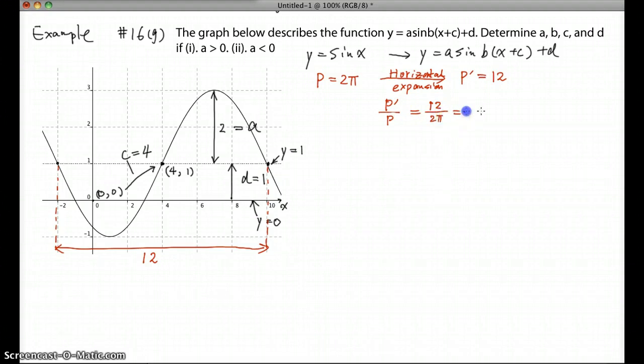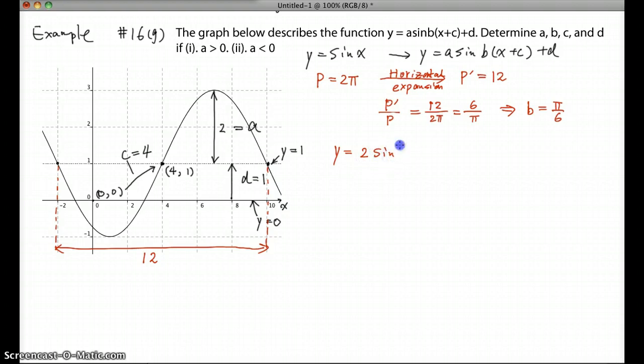So you should get 6 over pi. No, that's not the B, right? B is the opposite. So from here you can tell B is actually 1 over this, which is the reciprocal of this. So it should equal pi over 6.